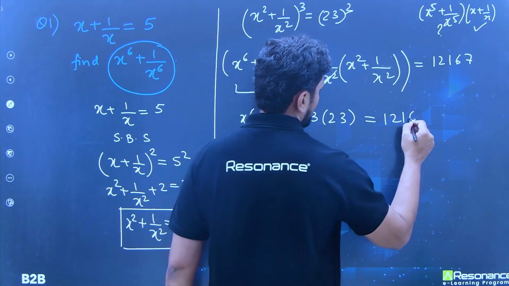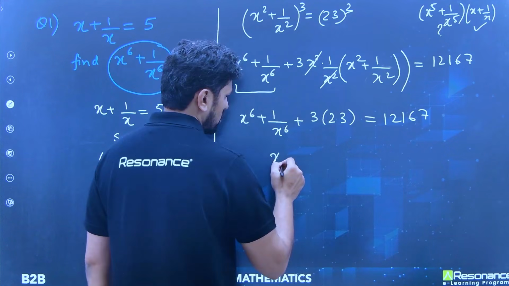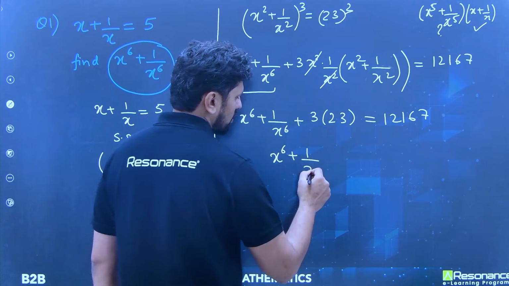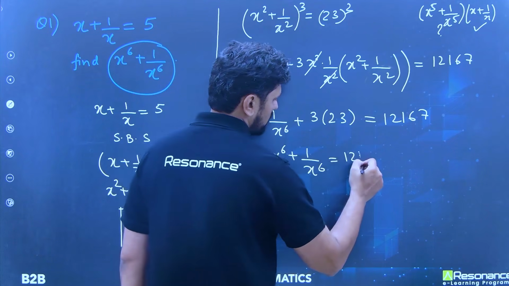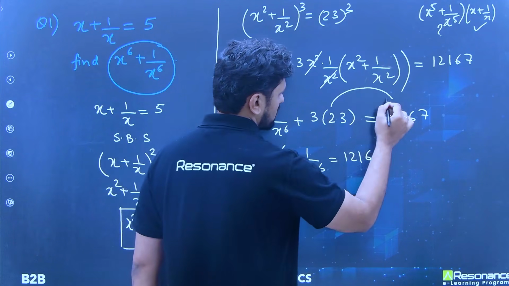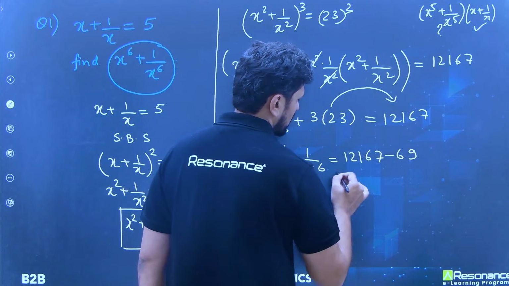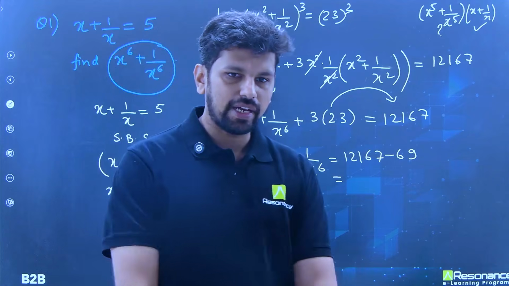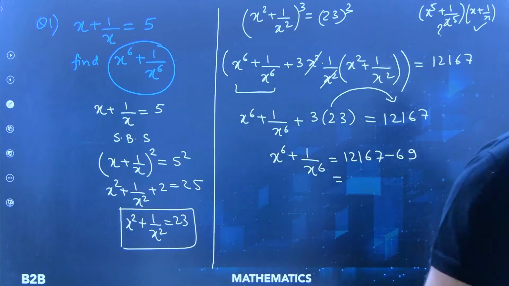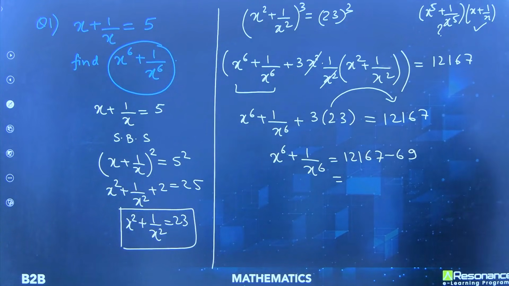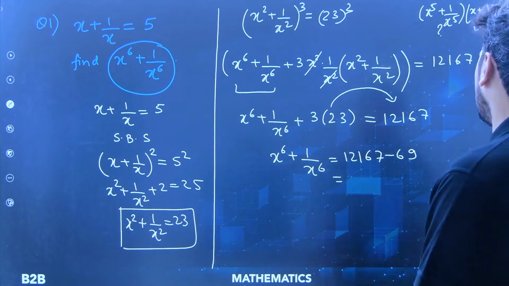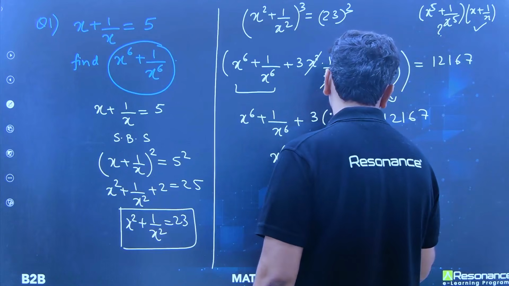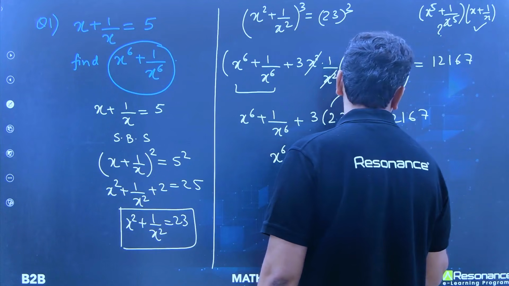So 12167, x to the power 6 plus 1 upon x to the power 6, equals 12167 minus this thing, 69. What will be the final answer? 12098. Very good. So the final answer will be 12098.